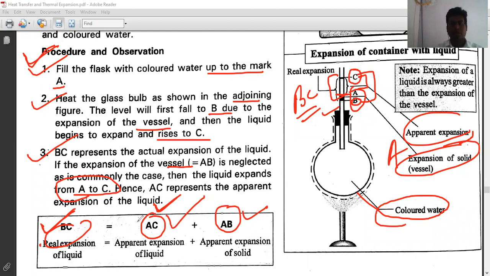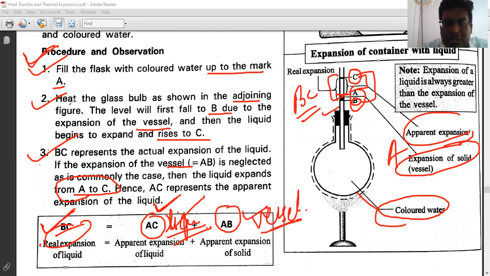So AC is the liquid expansion and AB is the vessel expansion. When we consider both, we get the expansion of the liquid along with the vessel. So this is the procedure through which we can see that when we heat water in a flask, both expansions happen.